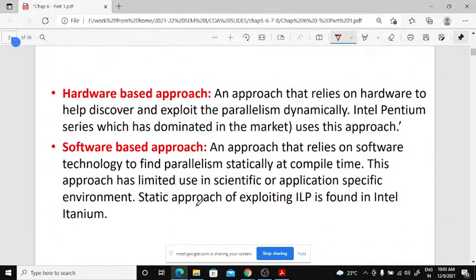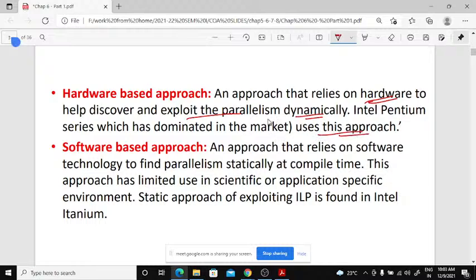The hardware based approach relies on the hardware to help discover and exploit the parallelism dynamically. The Intel Pentium series, which has dominated the market, uses this approach.